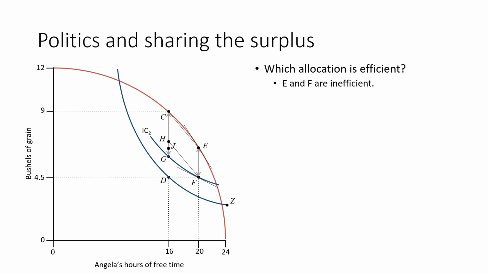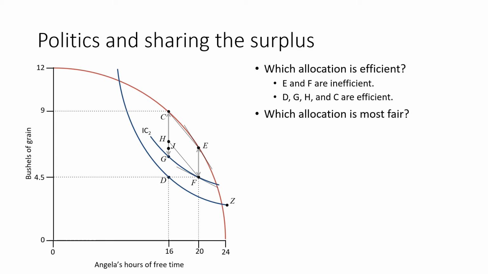Which allocation is efficient? Well, we know that E and F are inefficient allocations. Anywhere over here where she's working only 4 hours a day, she would produce a lot more working 1 extra hour than you would have to pay her for her to be willing to do it. However, D and G and H and C and J are all efficient allocations.